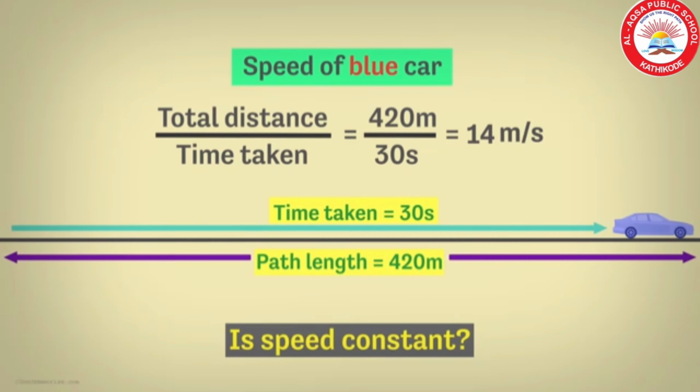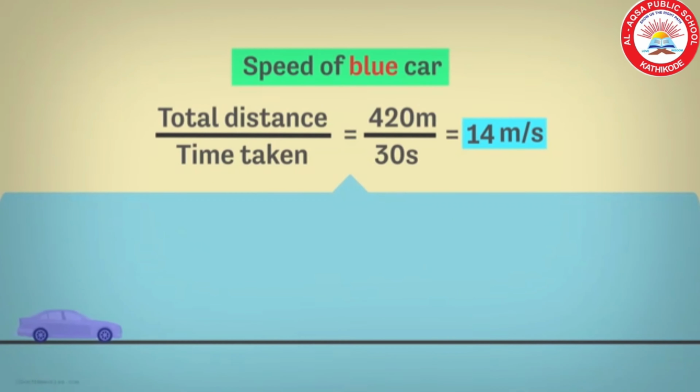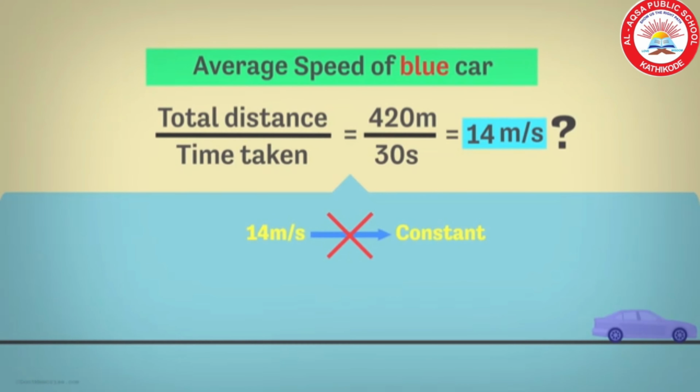If speed is constant, can we say that it will move every time at 14 meters per second? No, it will not move like that. We know that when we are moving on a road, the speed of the car will change according to the crowd, according to the density of the vehicles. Yes, it will not be constant on a certain path. According to the path, there will be a change in the speed.